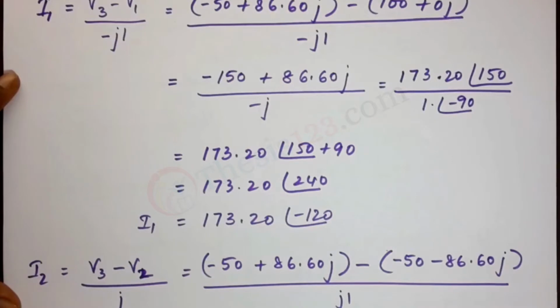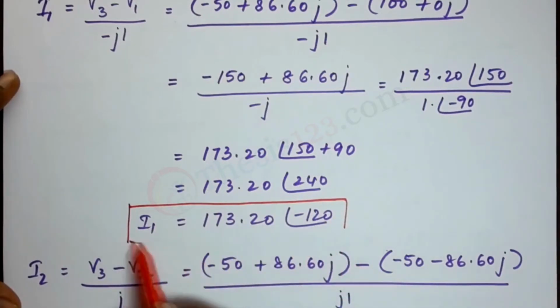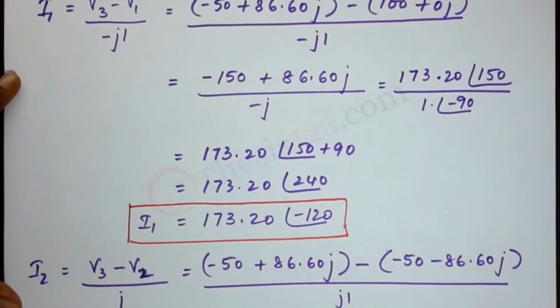So here we have our value of I1 as 173.20 angle 120, and I2 is 173.2.